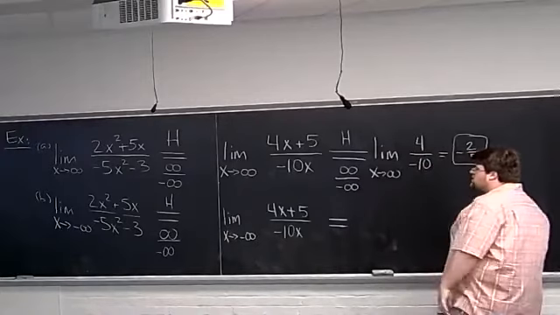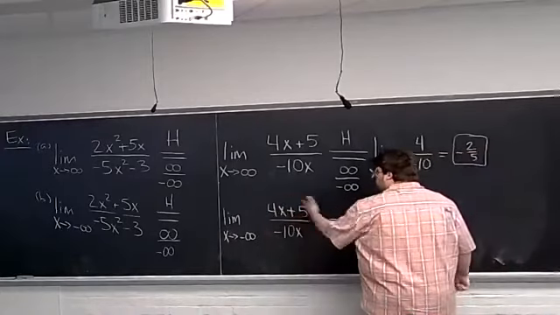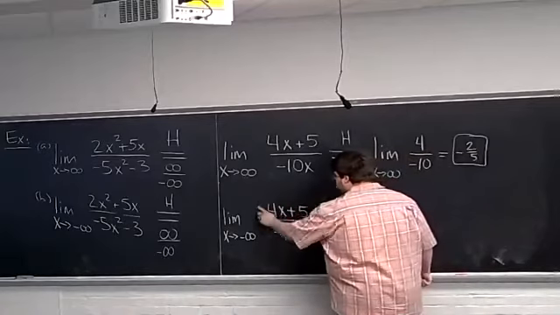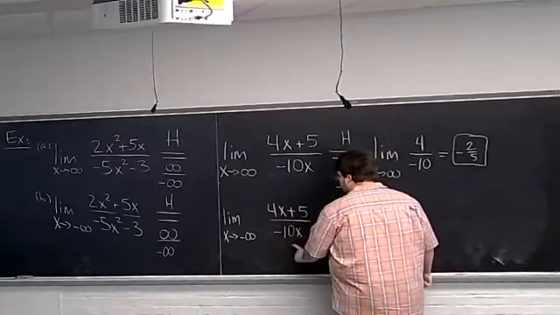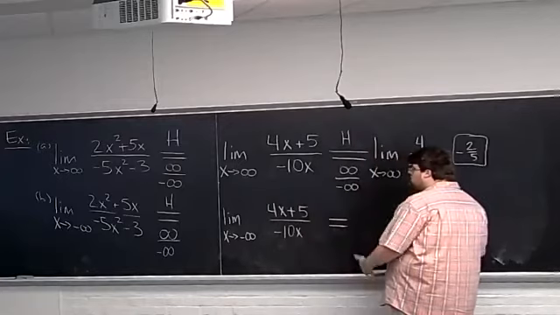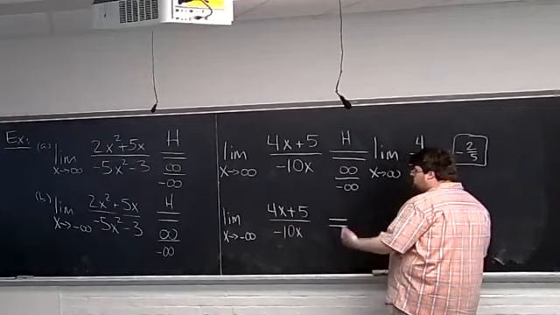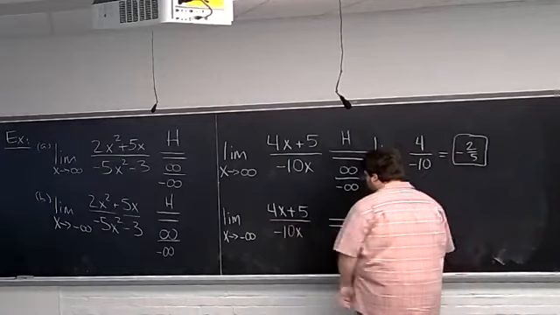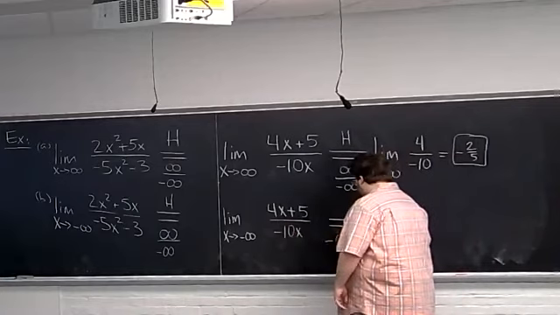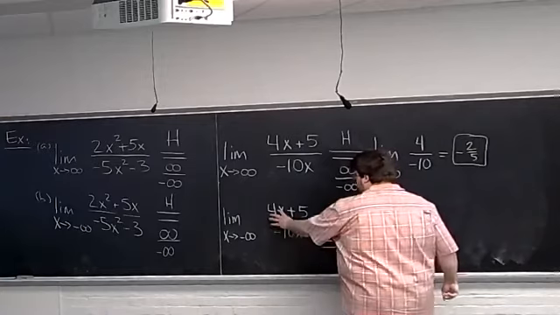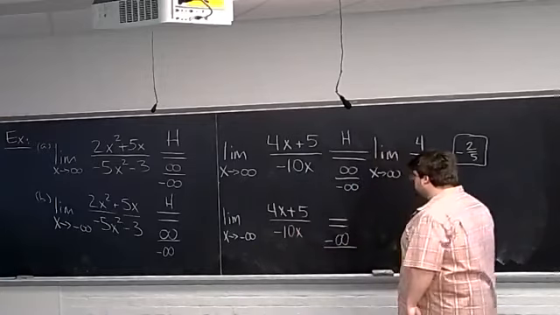What happens as x goes to negative infinity? Well, again, a polynomial is dominated by its largest term, 4x, negative 10x. As x goes to negative infinity, 4x goes to negative infinity, because that positive 4 is not going to flip that over the x-axis.